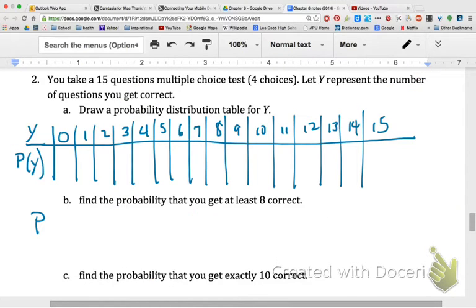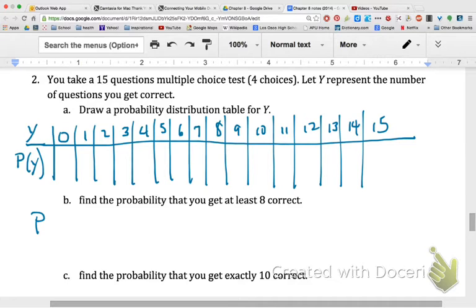So this one is going to take us a little bit of time, but we're going to use the calculator to help us. So I'm just randomly guessing on a 15-question multiple choice test where I have 4 choices, and I'm keeping track of how many questions I get correct. So of course I could get anywhere from 0 to all 15 correct.